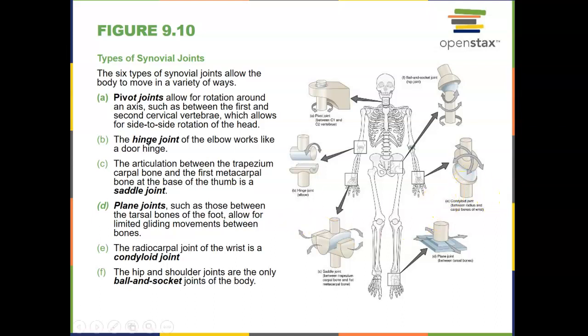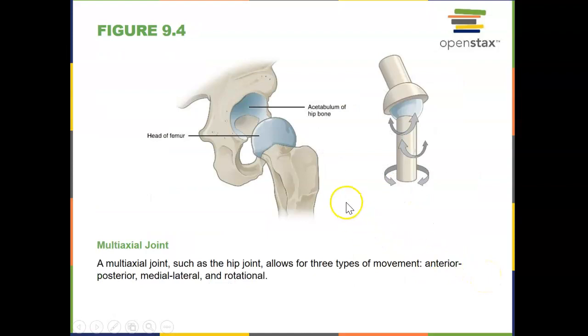And then you have your ball and socket joint, which the greatest example is the head of the femur with the pelvis. So here is the ball and socket joint, which can also be called a multi-axial joint. The acetabulum of the hip bone in living hip bone is lined with cartilage, and then here's the head of the femur with articular cartilage here.